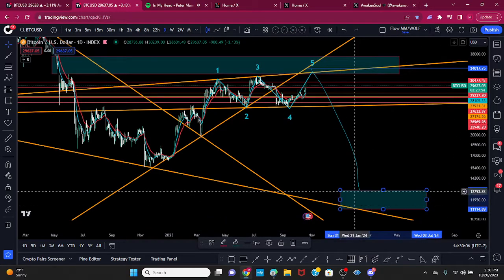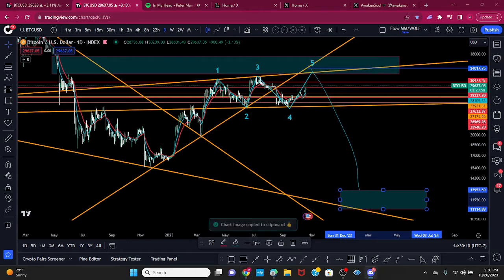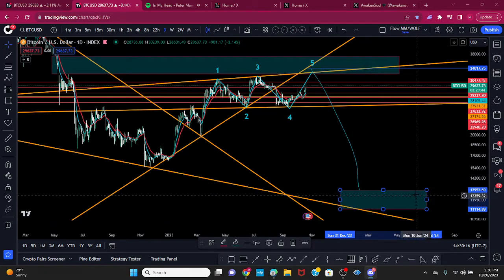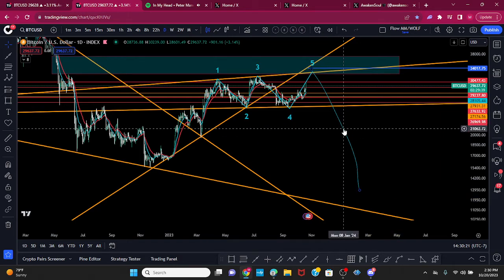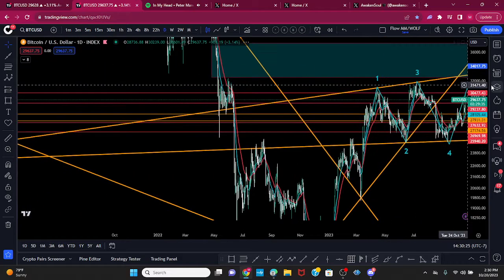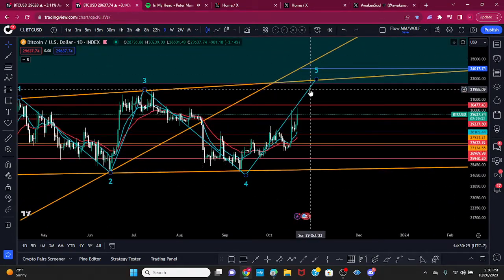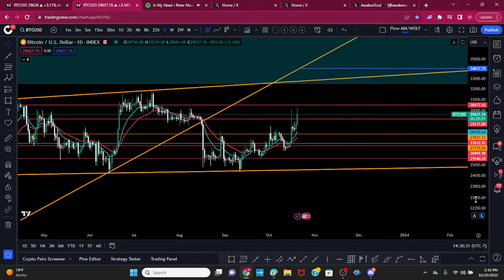Understand the possibilities that 12K is still within our market structure. That this is going to be our ultimate short, preparing us for this depression that I see coming. I think the worst is still upon us.